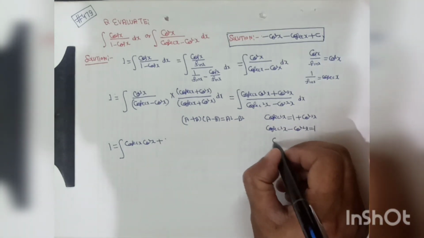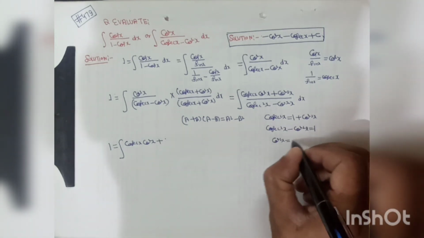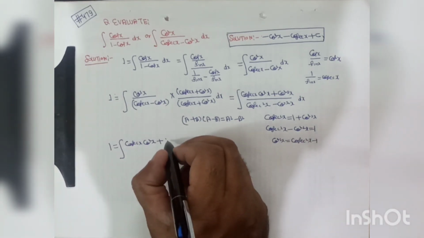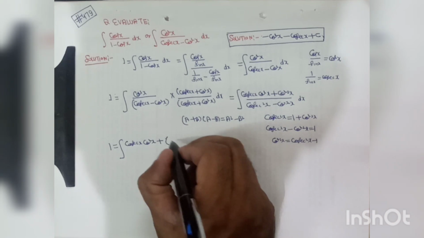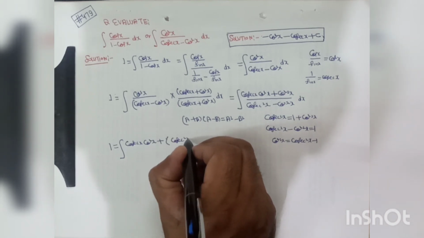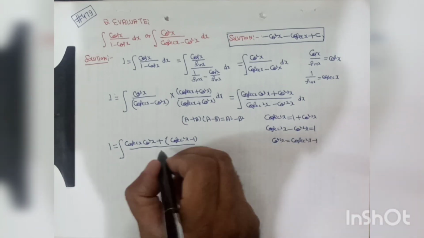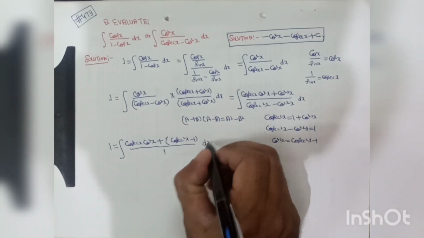From this formula, cot square x may be written as cosec square x minus 1. So in place of cot square x, we may write cosec square x minus 1, and in place of cosec square x minus cot square x, we may write 1 dx.